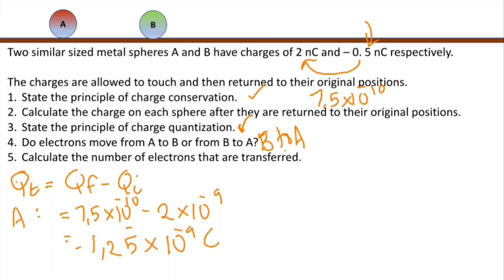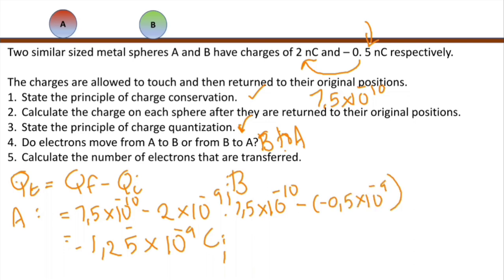All right. What if I use B? Will I get the same answer? Okay, let's check. If I use B, using the same formula, final charge minus initial charge, the final charge is the same, 7,5 times 10 to the minus 10, minus the charge on B, which is negative 0,5 times 10 to the minus 9.